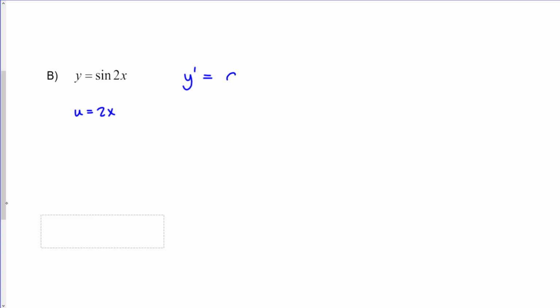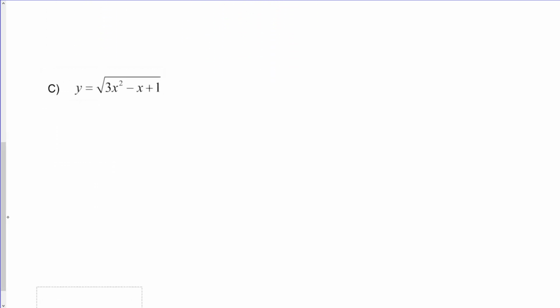So it's cosine of u, which is my 2x, then times the derivative of the inside part, which is u, so times 2. So we have 2 cosine 2x.